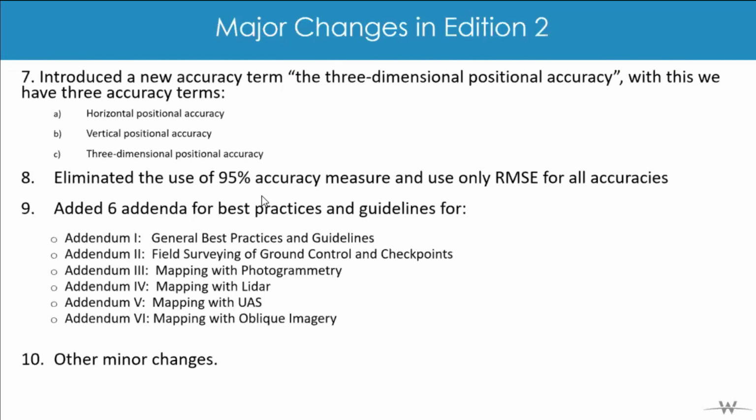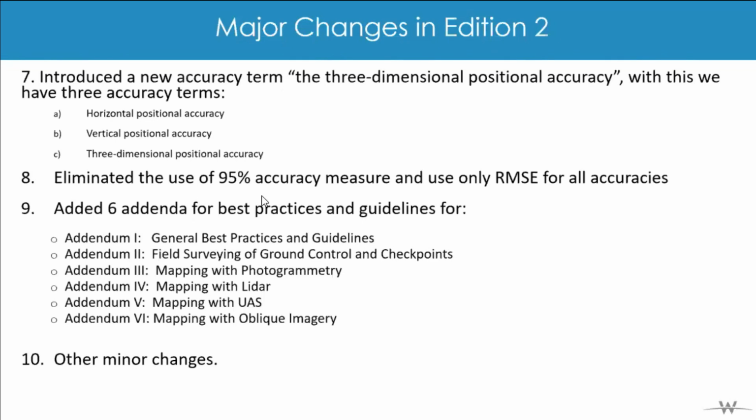In edition one in 2014 we kept 95 because a lot of people at the time were using NSSDA and are familiar with 95. So we added the 95 in addition to the RMSE, but we found it very confusing, for the reason I presented: you have different accuracy figures, different numbers, but it's the same accuracy measure. So we removed it and we kept only the root mean square error.